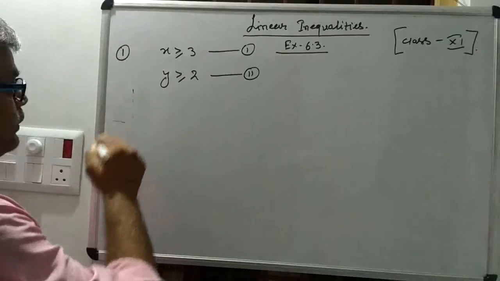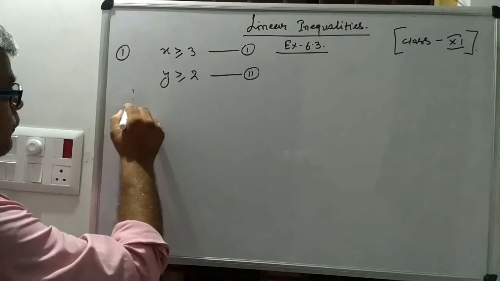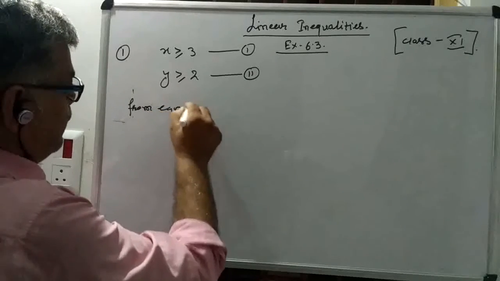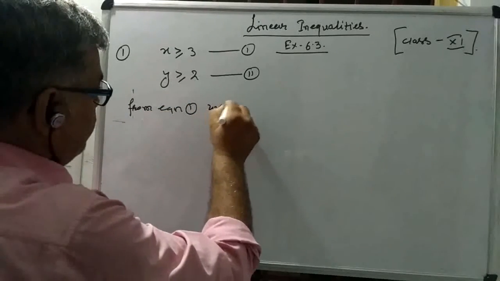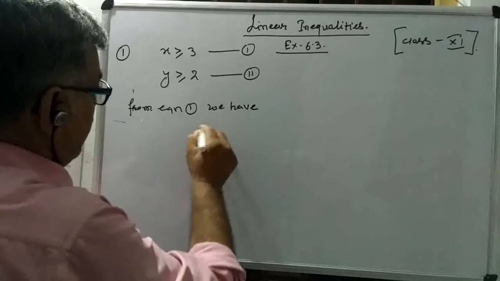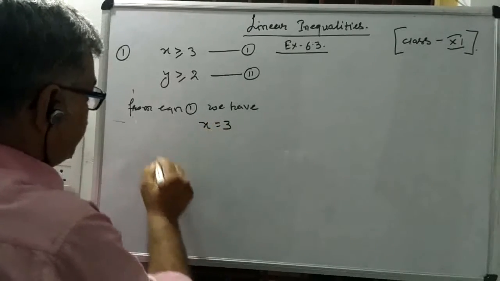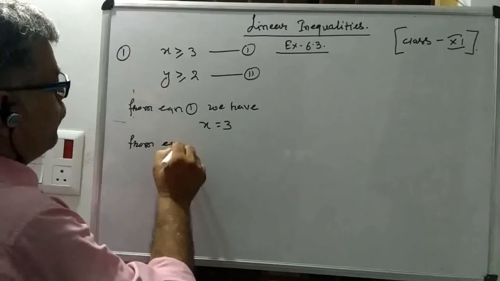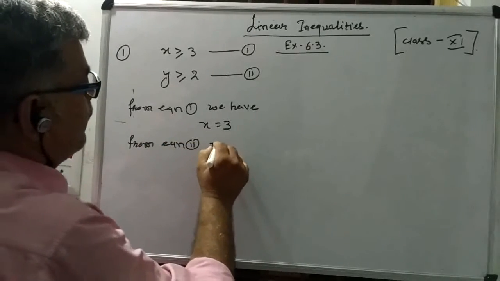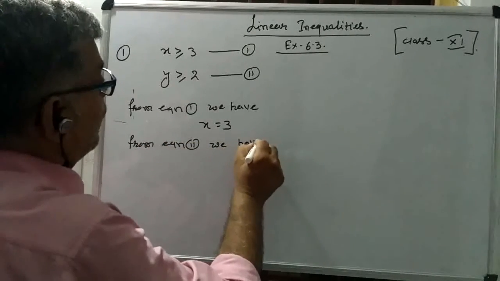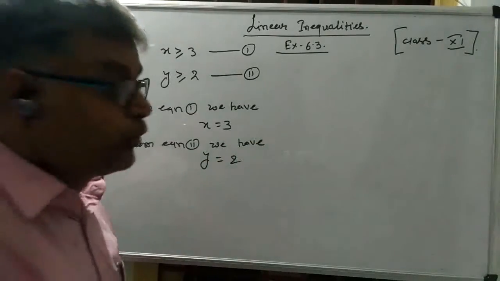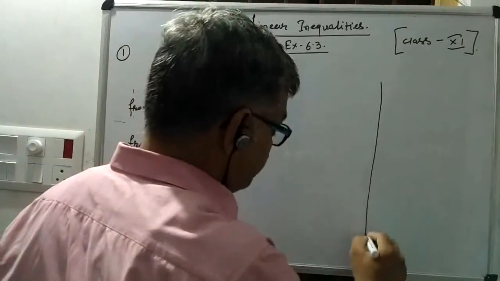So first, from inequality 1 we have x equals 3, and from inequality 2 we have y equals 2.